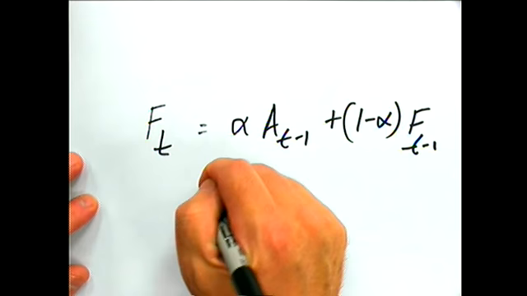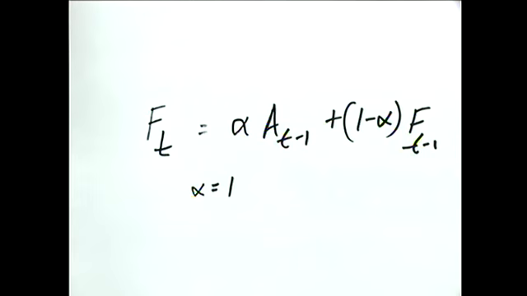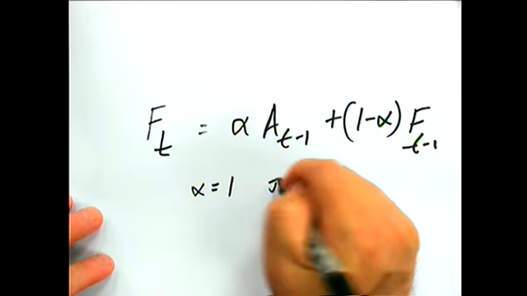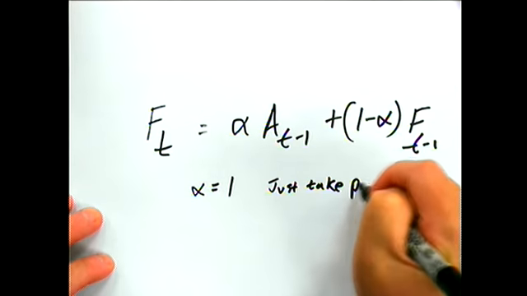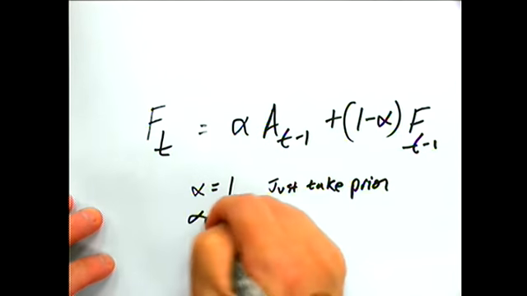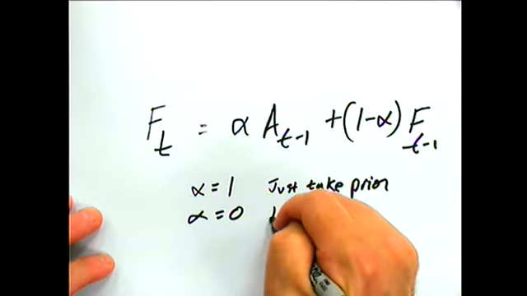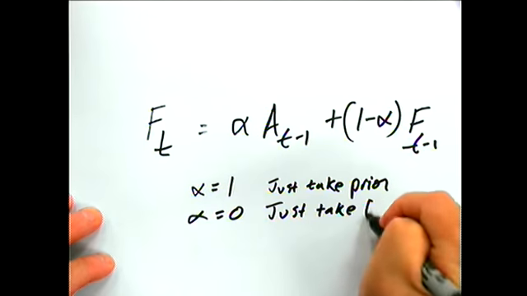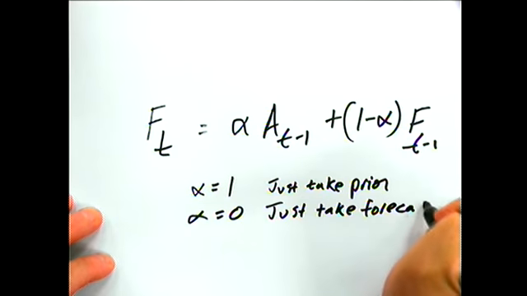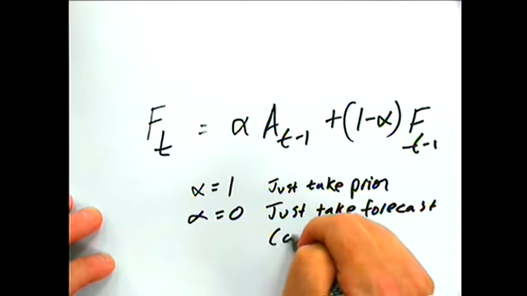If alpha is 1, what am I doing? I'm just taking my prior value, right? There's no smoothing of the forecast, so just take the prior value. Alpha of 0 would mean just take the forecast, and that's a constant value.